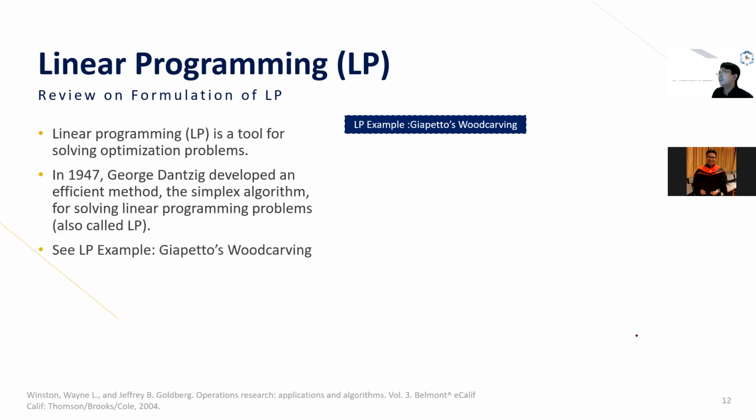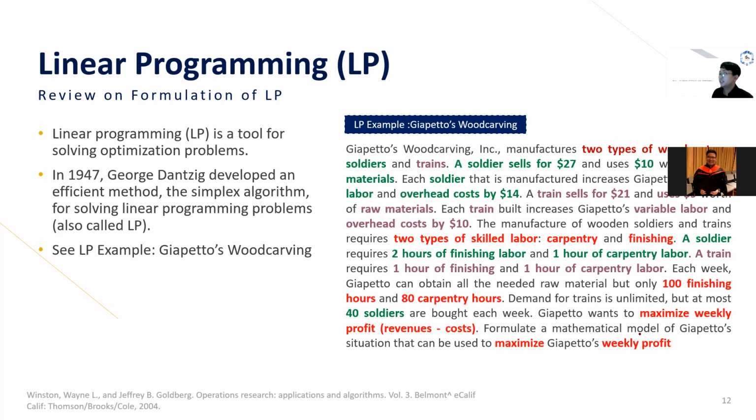Okay, let's see an example of this. In general, we can call this a product mix model, in which this model is covered in a story of, for this example, a wood carving business called Geppetto's Wood Carving.